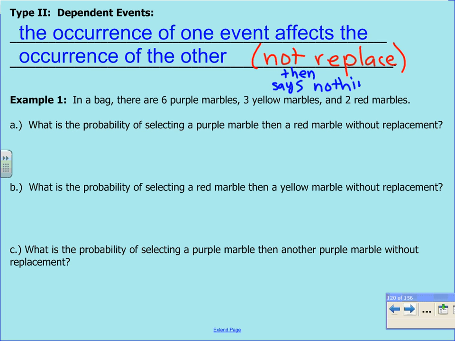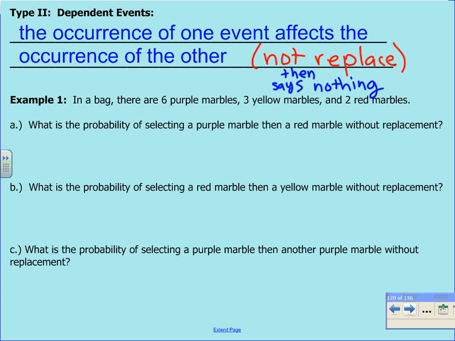So for these problems, it does not have to say without replacement. This is where it gets tricky. If it's a dependent event, it could say then. If it just says then, you know it's dependent because we assume that you don't replace it. If it doesn't say the word replace, it's a dependent event.